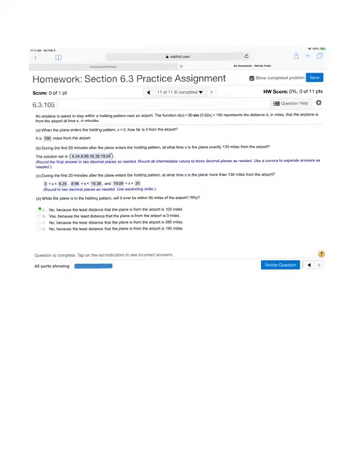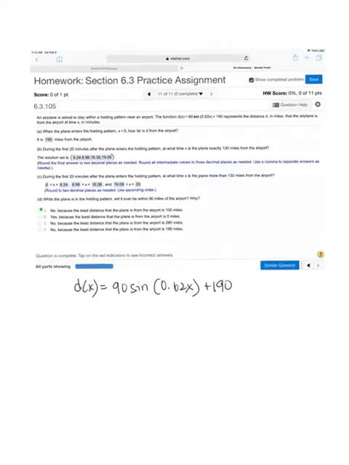We know a lot of information about the function d of x equals 90 times the sine of 0.62x plus 190, just because of our talk in chapter 5 about things like amplitude and midline and period. So I should be able to draw just a rough sketch of this graph.